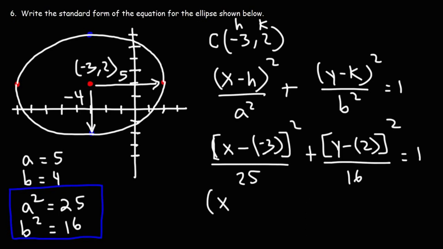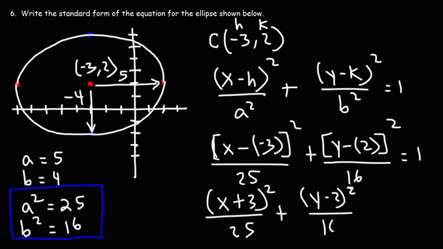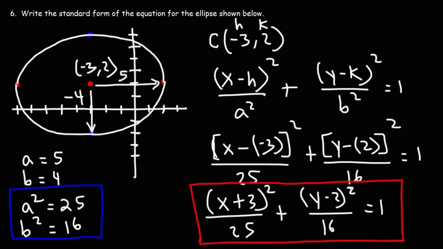So this becomes x plus 3. So we change -3 to +3. Squared over 25 plus y minus 2 squared over 16 is equal to 1. So that's how we can convert from the graph to the equation in standard form.